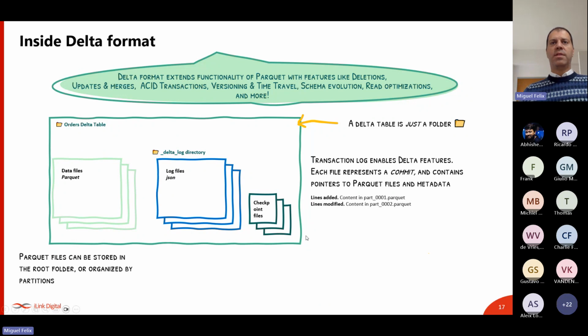This also has checkpoint files. As the number of JSON commits grows in the Delta log directory, reading all of them to reconstruct the table would be time consuming. So to optimize this, Delta every once in a while writes checkpoint files.